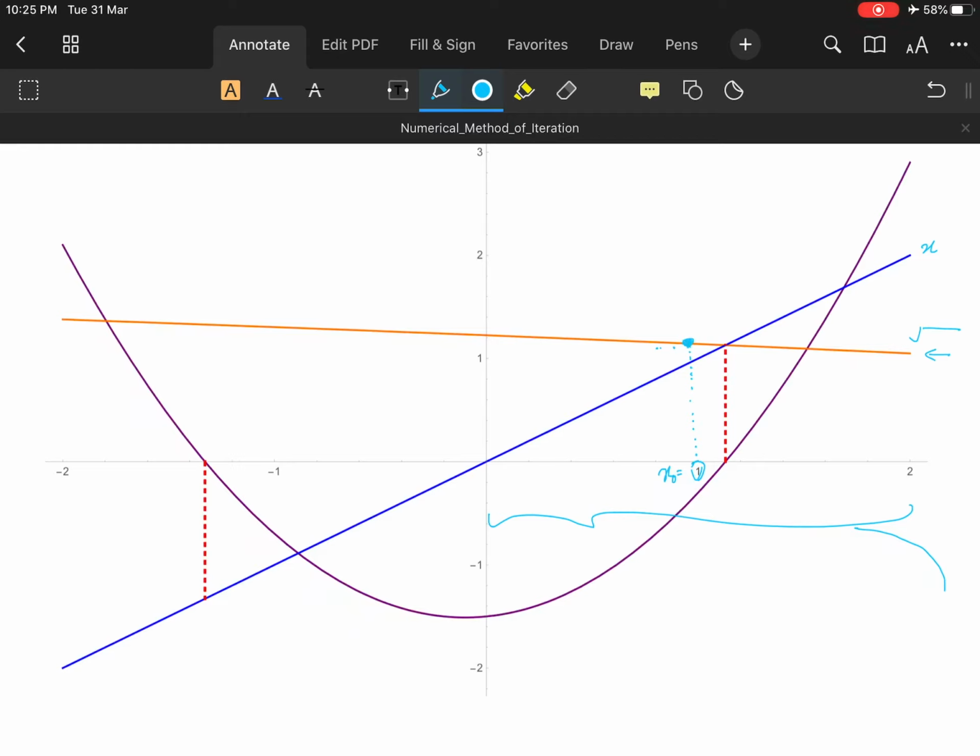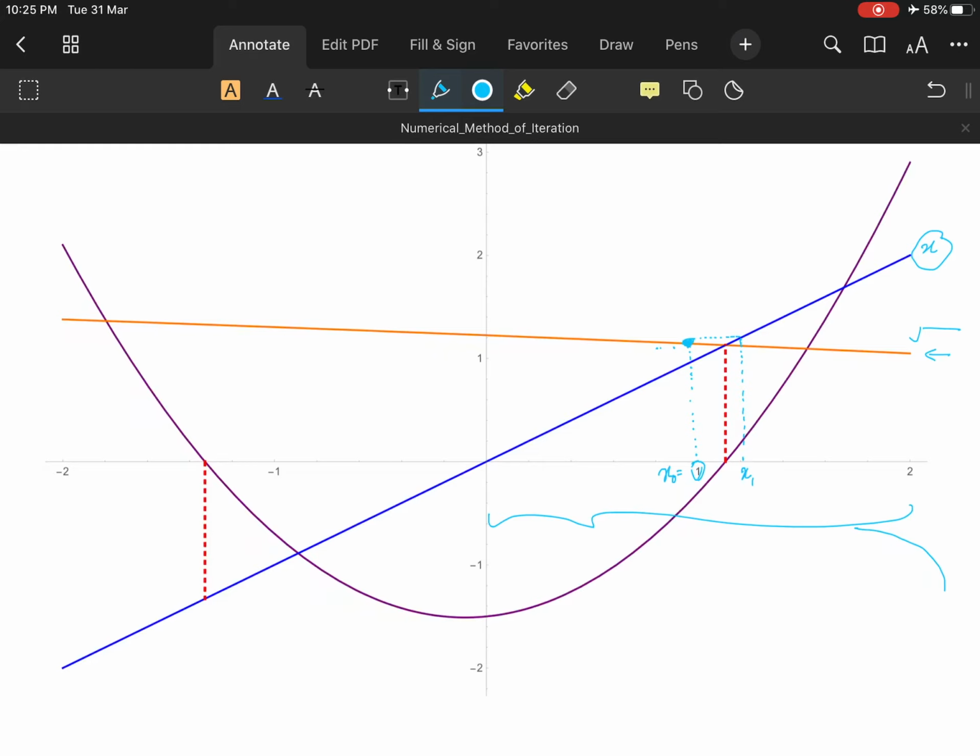From this point we have to go left or right, as long as it can go into the x line, this line. So we go to the right, so we reach over there. And if we bring this down, you can see that this is another point, x1.